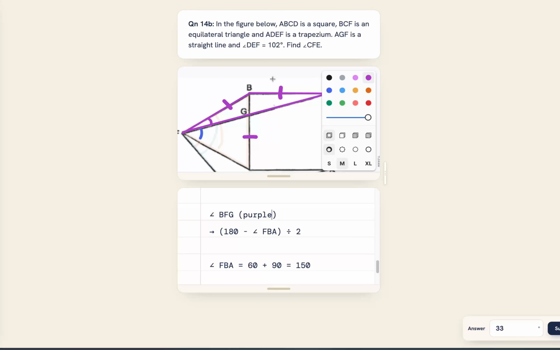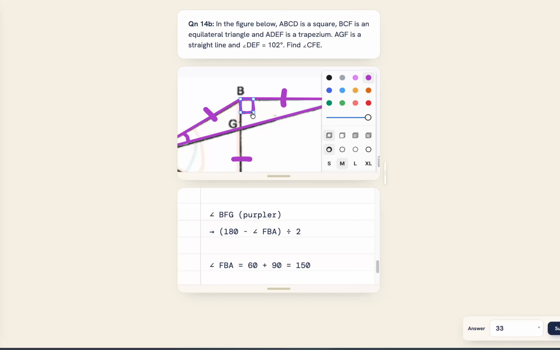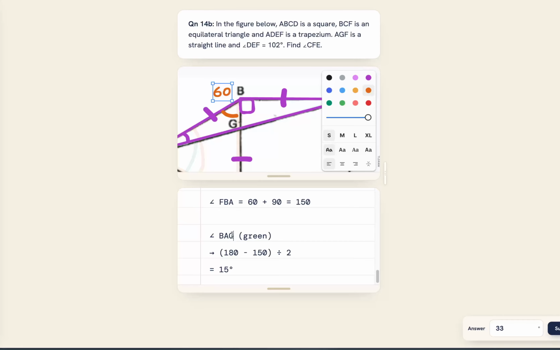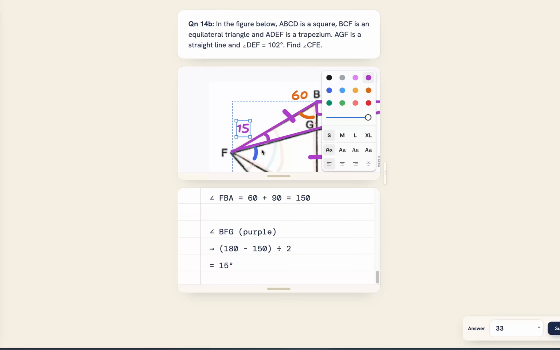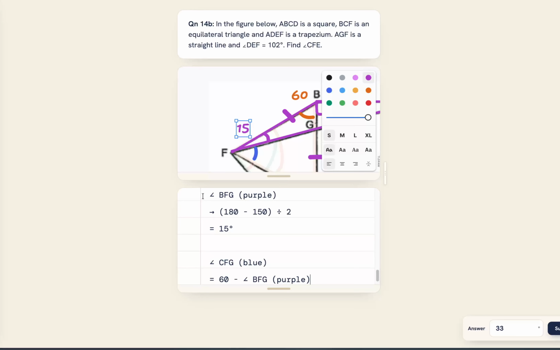So FBA is over here. FBA has a right angle, and we know that this over here is 60 degrees. If we add them, it's 150, and from there we get that BFG in purple is 15 degrees. There you go. Now with this 15 degrees, we can get the blue angle.